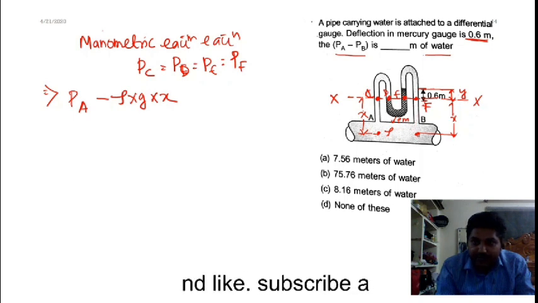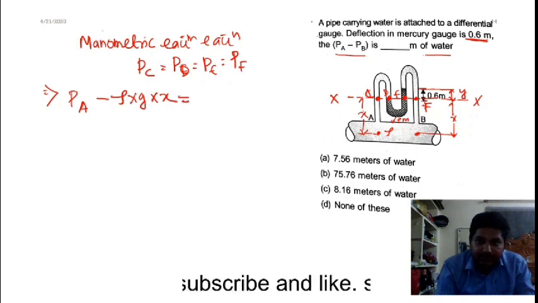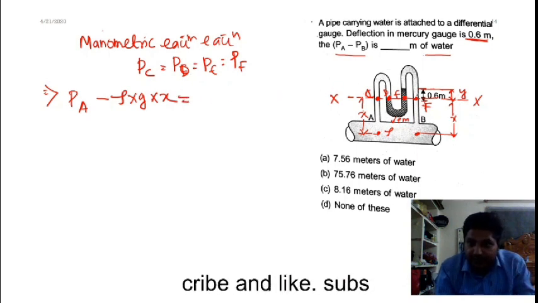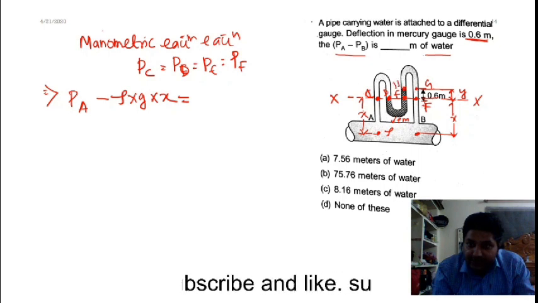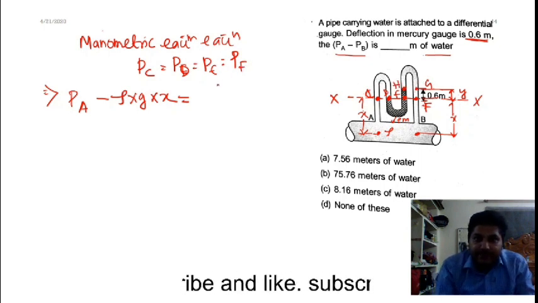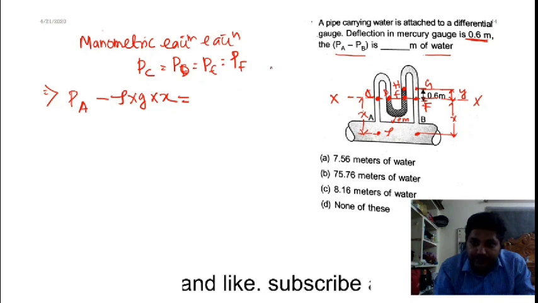Pressure at point B will be equal to, now suppose this is point F, this is point G, and the top point is H. I have to go to point G. What is the pressure at point B?